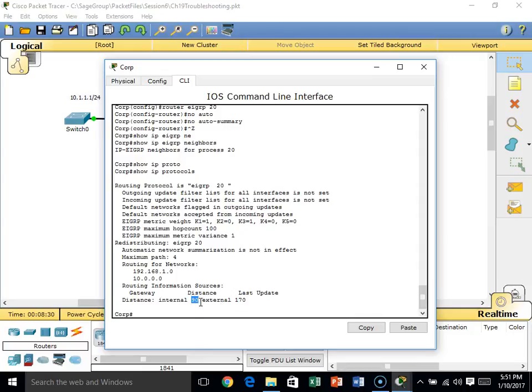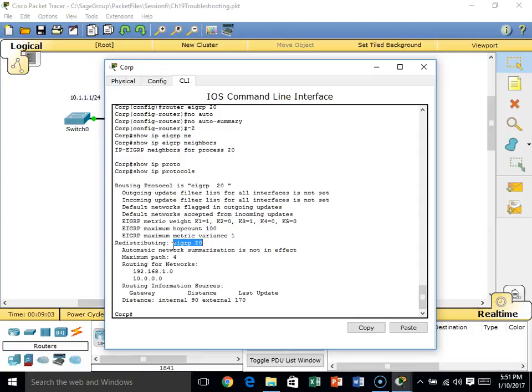Enhanced Interior Gateway Routing Protocol. Redistributing EIGRP 20. Redistributing means that it's sending those routes, and the routes that it's getting, it's incorporating. We can do manual redistribution. If we had two different routing protocols on a router, say OSPF and part of it in EIGRP, we'd have to redistribute the routes into the other protocol.